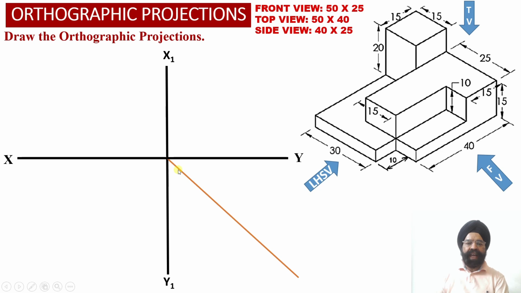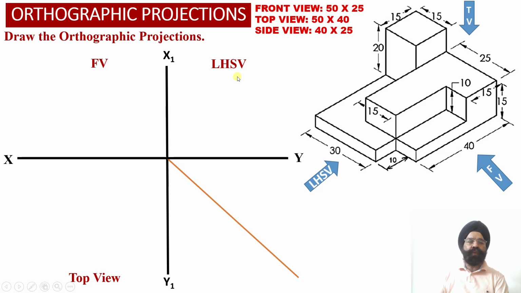And this transfer line is inclined at an angle of 45 degree with respect to the XY reference line. We are going to use this transfer line in order to transfer the distances alongside the depth of the solid from the top view projections into the left hand side view projections over here.